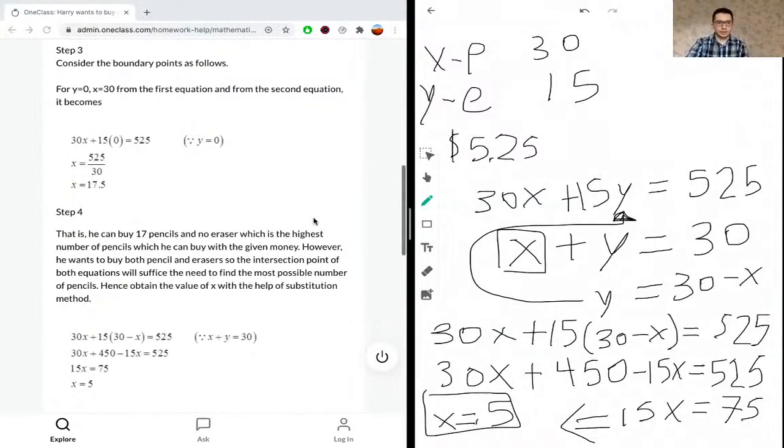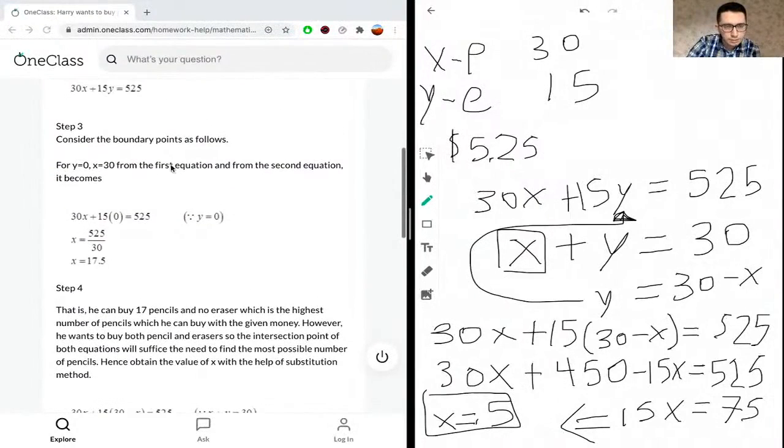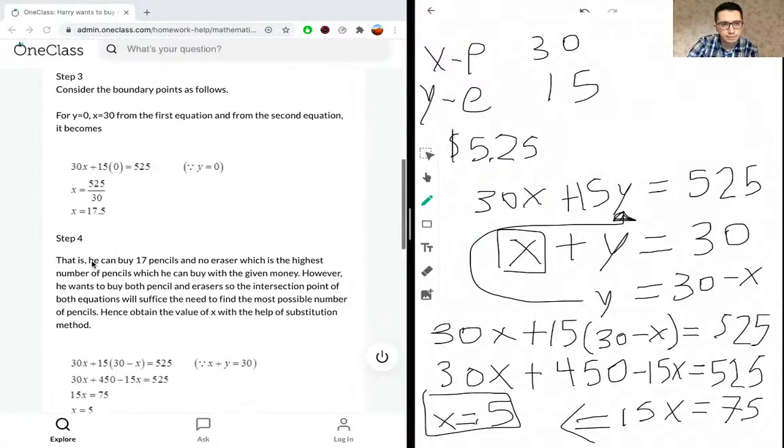So here they're just testing for, let's say we bought 30 pencils, we would get x equal to 17.5. So they substitute 0 for y. So they're saying if they bought 0 erasers, you can only buy a maximum of 17.5.